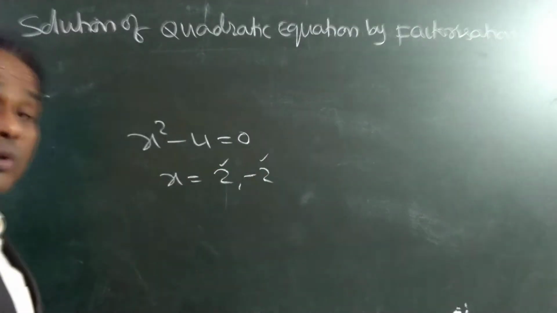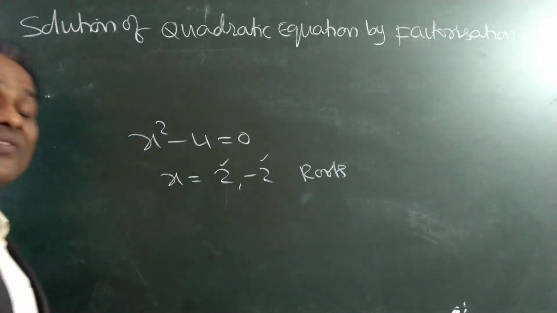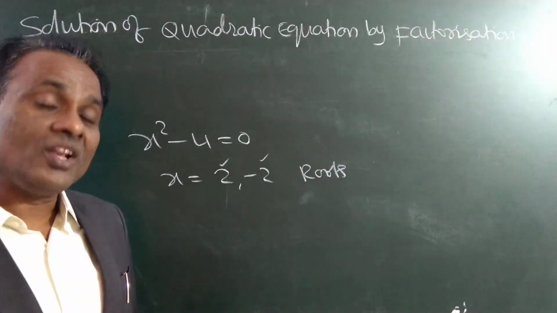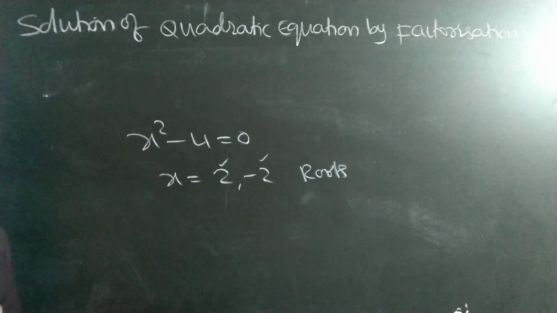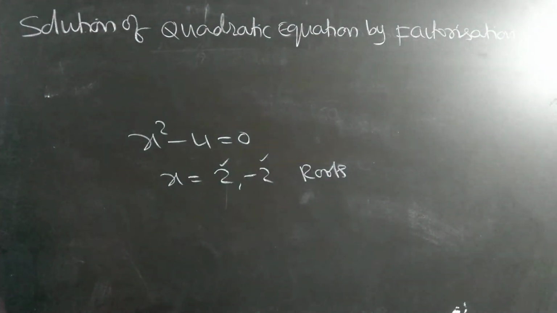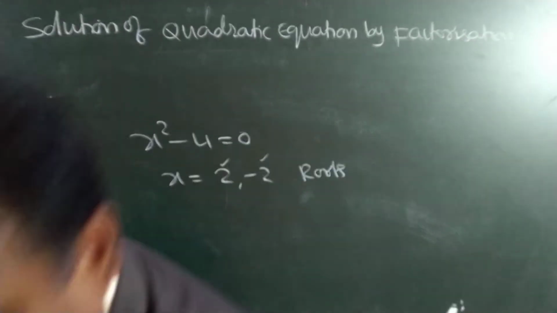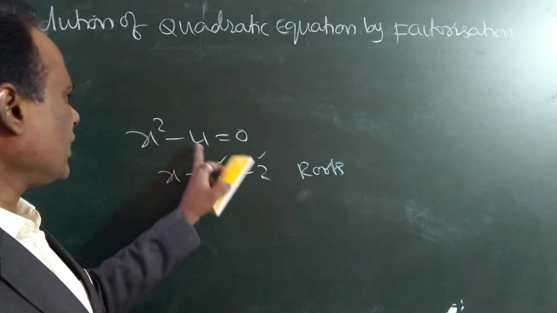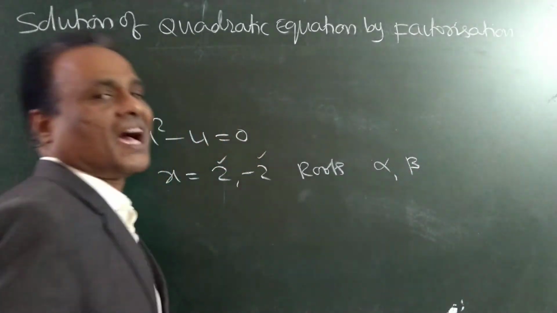The values of the variable are called its roots. These x values are called roots of the equation, and are generally denoted by alpha, beta.